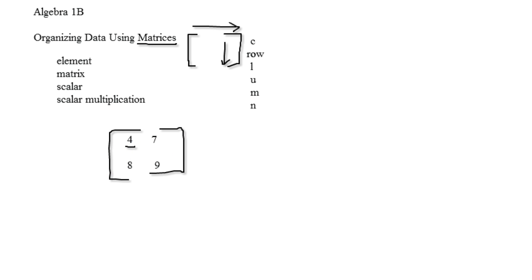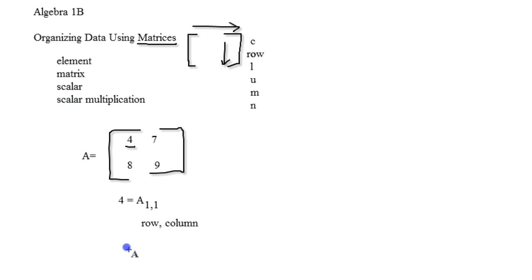So the address of this 4, and let's call this matrix A. You always call a matrix by a capital letter. So 4 would be A with a subscript 1, comma 1, because that would be the first row, and then you would have the column. That's how you order it.